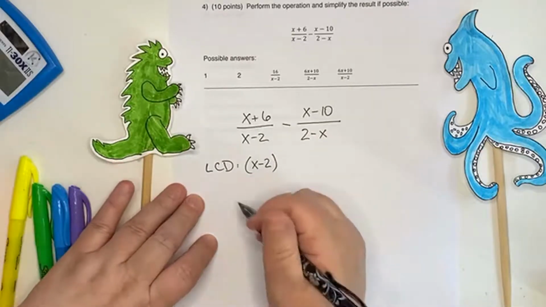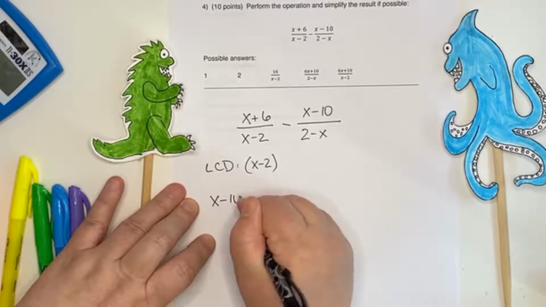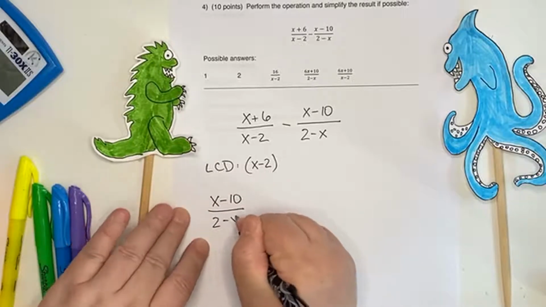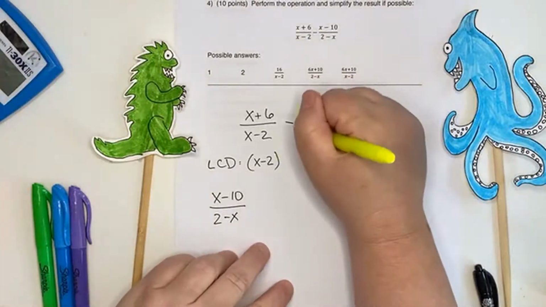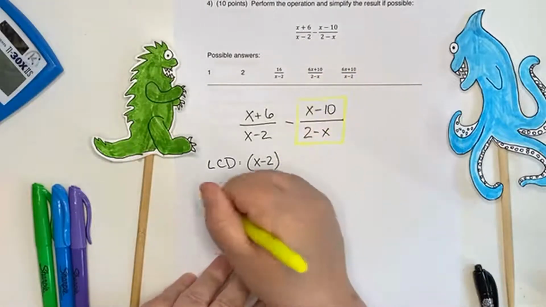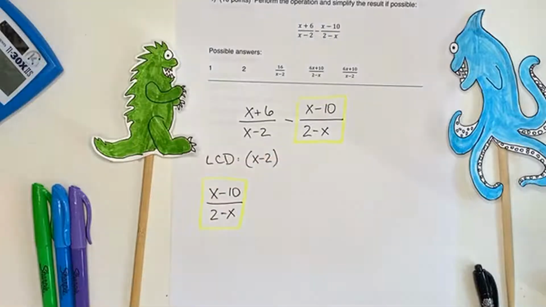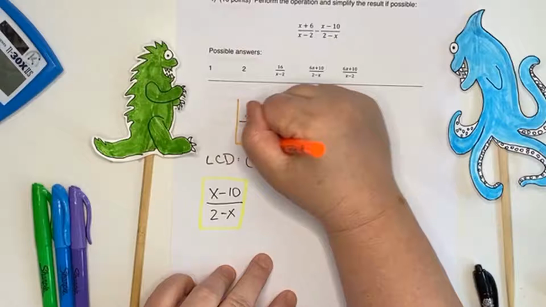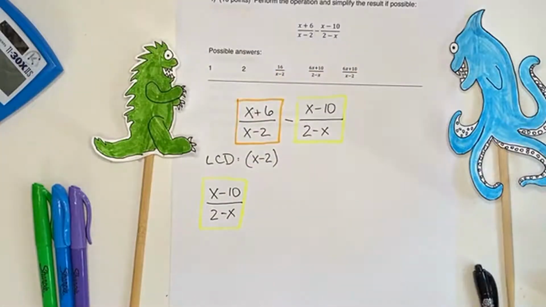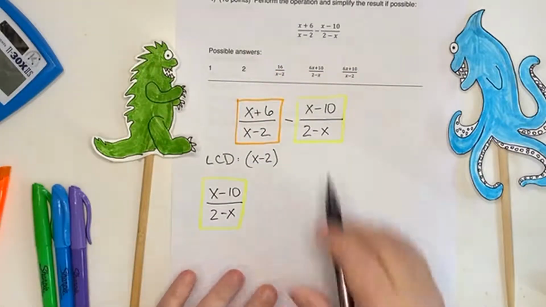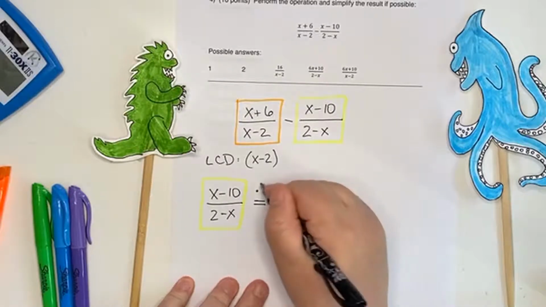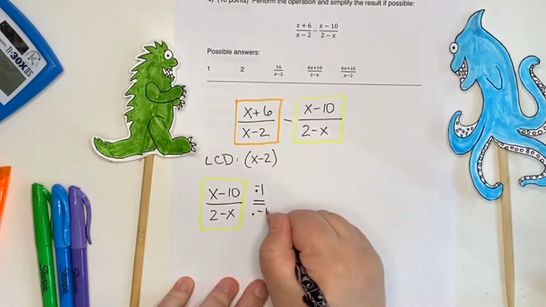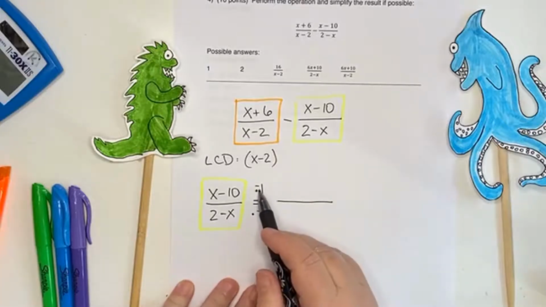How is that? Well, let me take x minus 10 all over 2 minus x, just that second. So this one is the second fraction, the second rational expression right here. I'll use orange for the first one. So there's our first one. There's your second one. And so with the second one, I'm going to multiply top and bottom by -1.